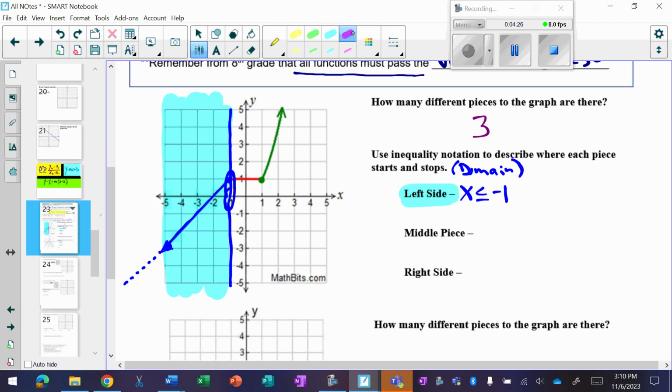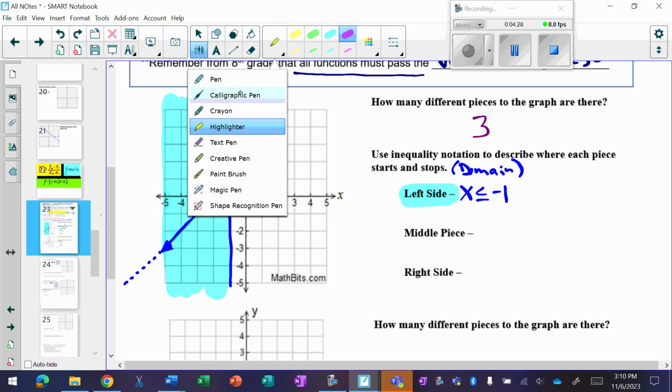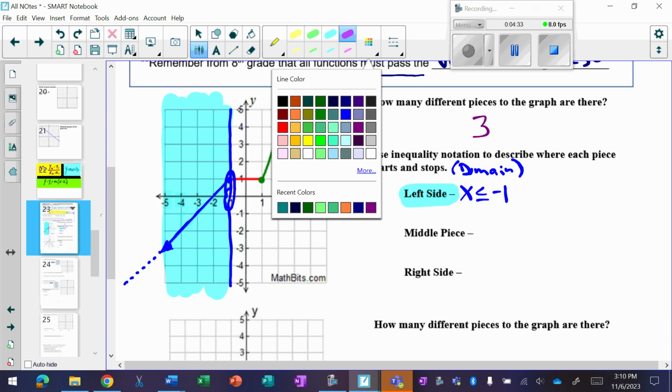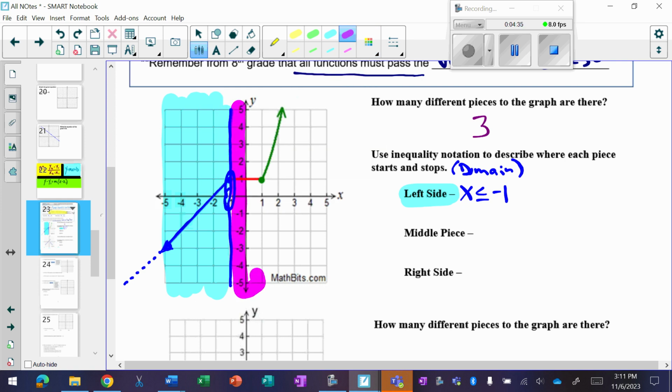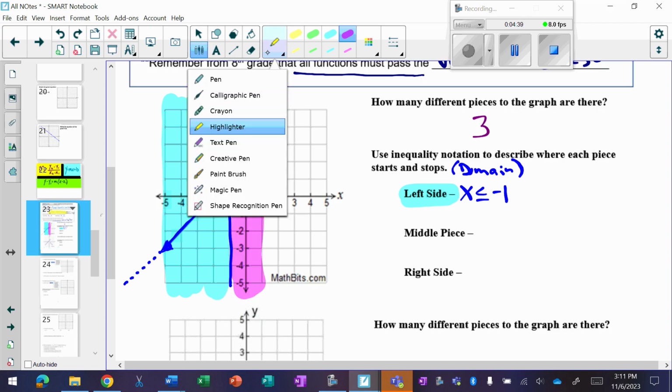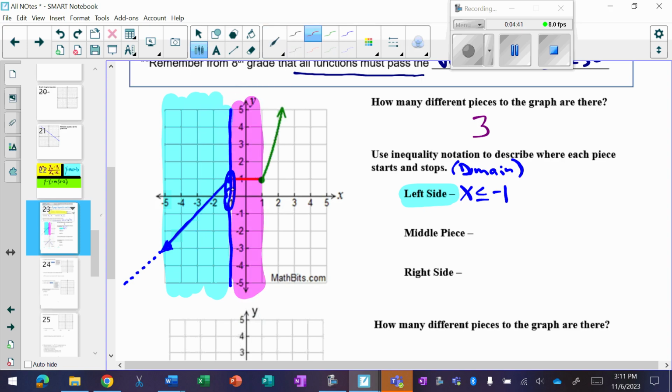Okay. Next, in the middle, we have this red section that goes from -1 to +1. So the x's go from -1 to +1. Remember that our function must pass the vertical line test.